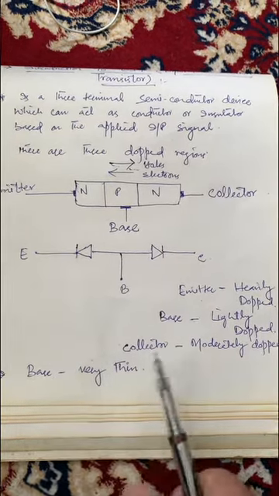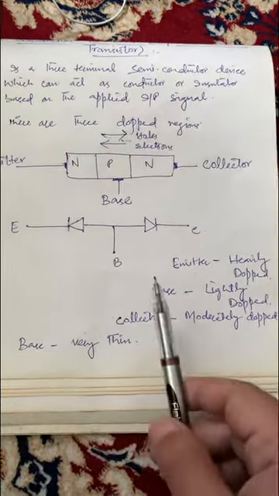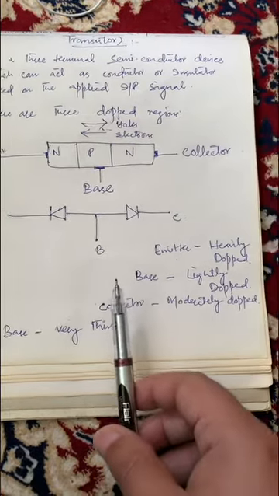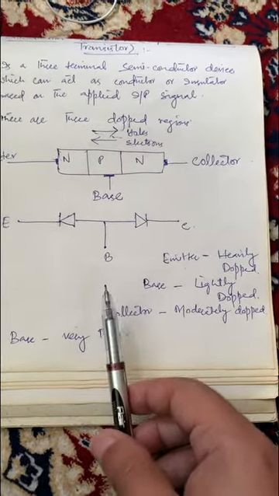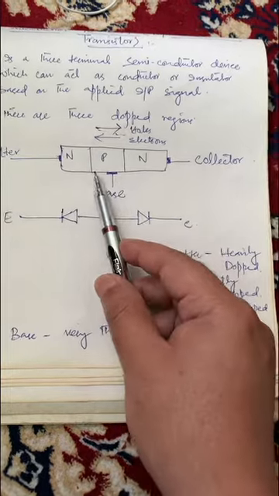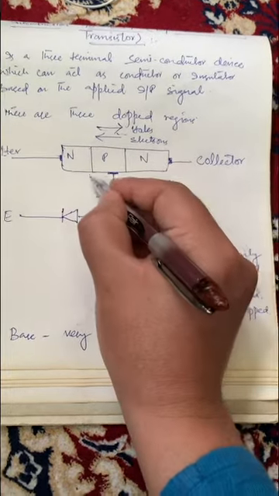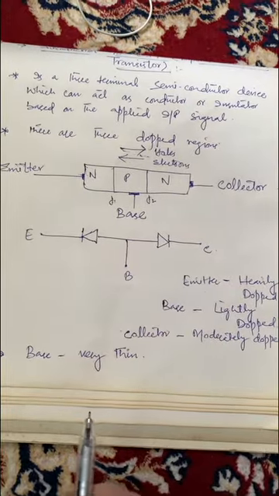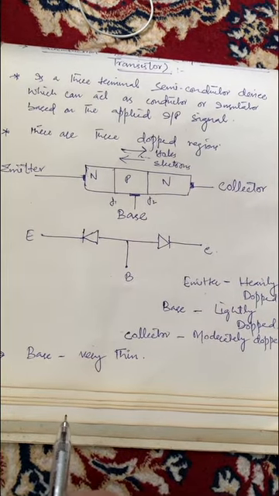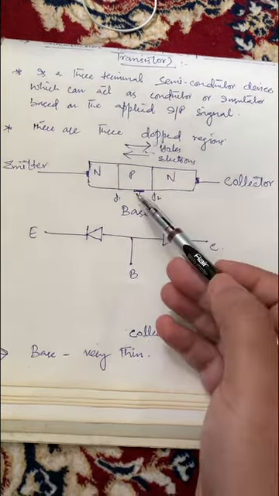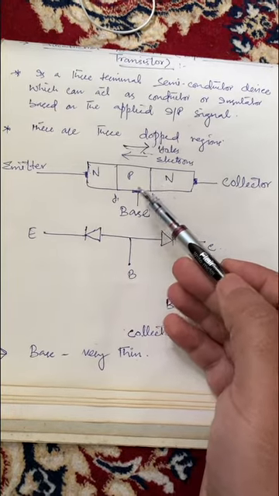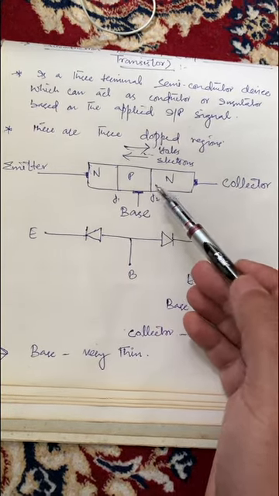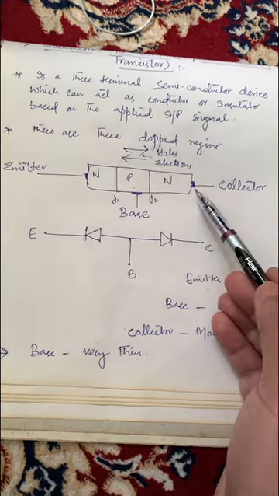Now if we look inside the BJT, there are two PN junctions, that is J1 and J2. One is between the emitter and the base, and the second is between the base and the collector.